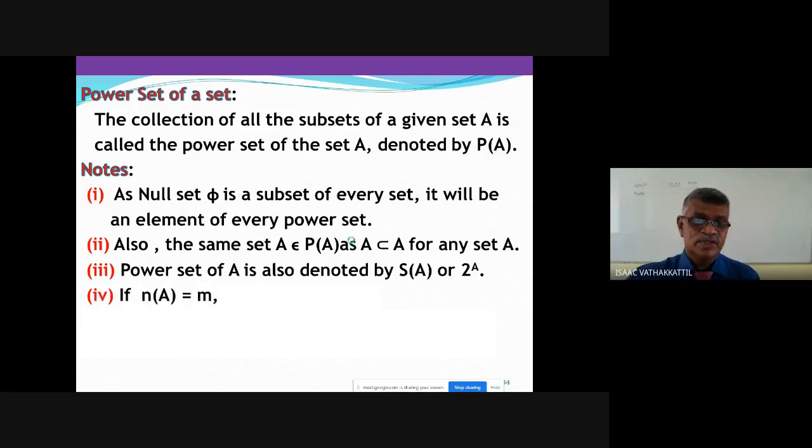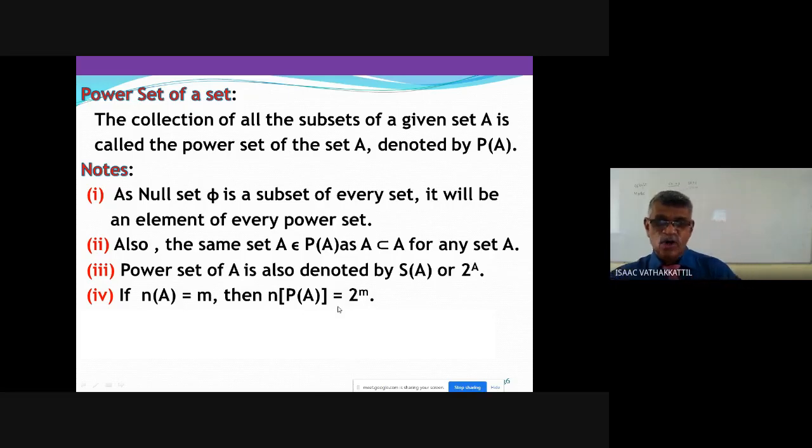If n(A) is equal to, say, m, that means A has m elements, then, remember very importantly, the power set of A will have 2 raised to m elements. Don't get confused with the notation 2 raised to A, that is entirely different. 2 raised to a set, 2 raised to m elements.